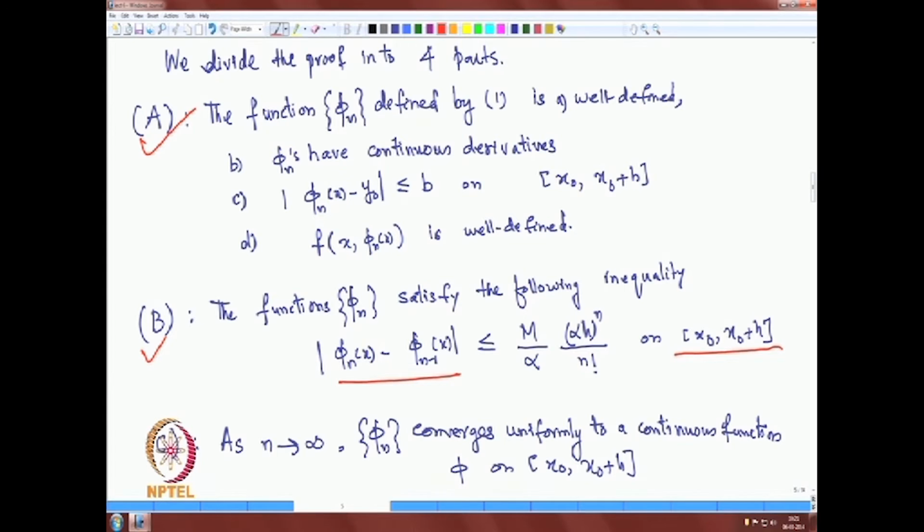Now, today we will prove part C and part D. So, part C, what we want to prove is, as n goes to infinity, the sequence of functions phi n converges uniformly to a function phi on the interval x0 plus or minus h.